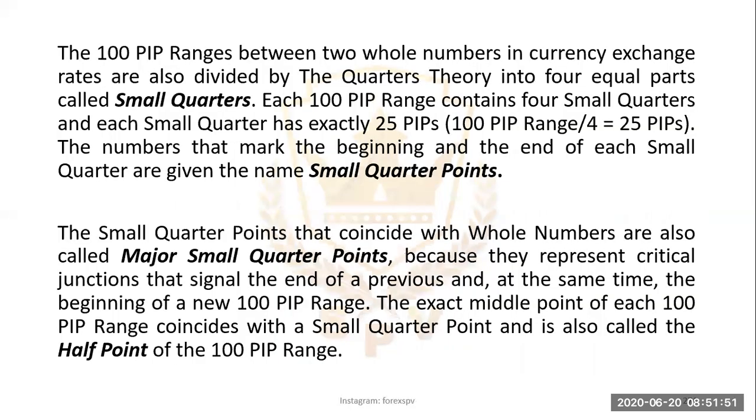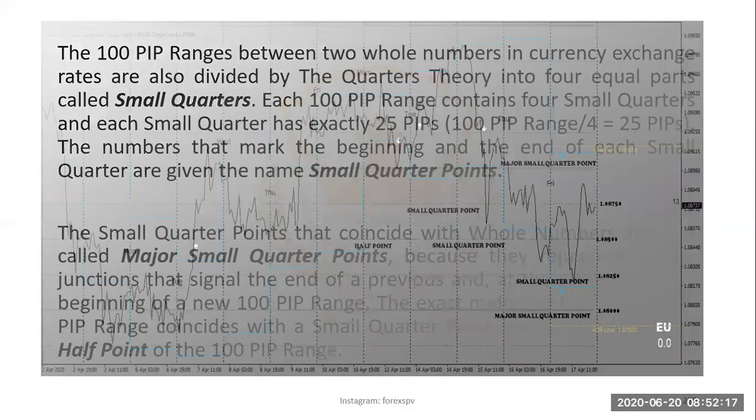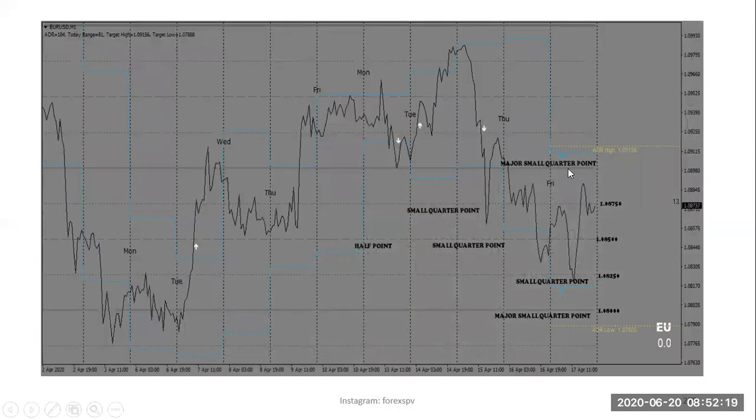Apart from the 1000 pip range, we can also divide the 100 pip ranges between two whole numbers in currency exchange. We divide the 100 pip range into four small quarters, so there will be a 25 pip range, and they are termed small quarter points. Here, this is a major small quarter point, and this is a major small quarter point.